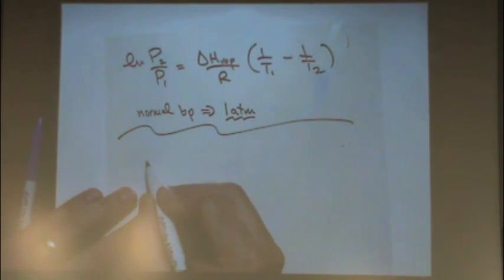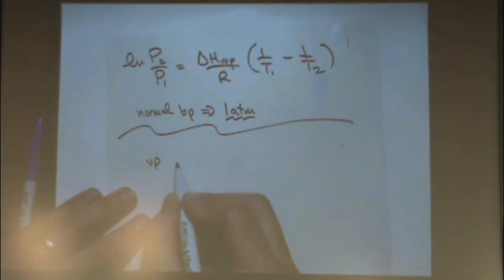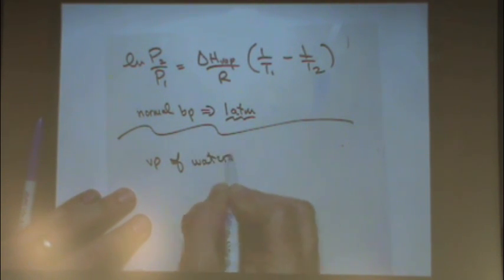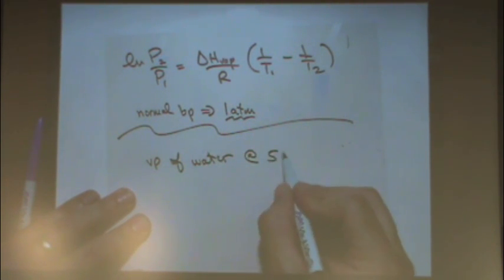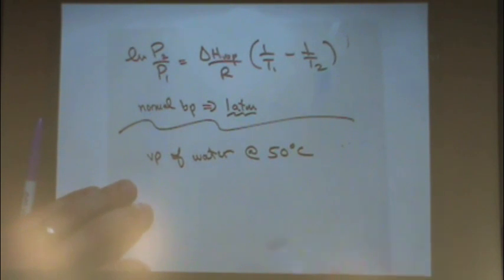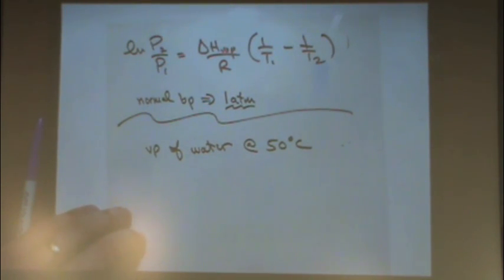Let's say I want the vapor pressure of water at, let's go, 50 degrees C. I'll give you a second. How do you think you would set it up? Here's the question. I'll give you 10 seconds. You need more time. How would you set this problem up?